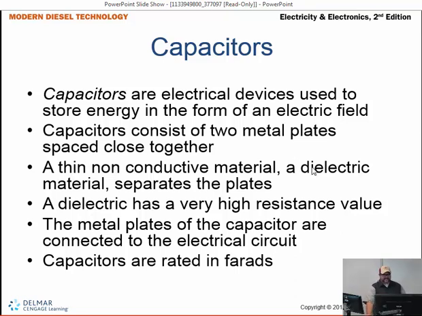A thin, non-conductive material, a dielectric material, separates the plates. Okay, a dielectric has a very high resistance value. The metal plates of the capacitor are connected to the electrical circuit, and capacitors are rated in farads. So you'll see farads, you'll see microfarads. A farad is actually a very large measurement when it comes to capacitors, so we'll talk a little bit about that.